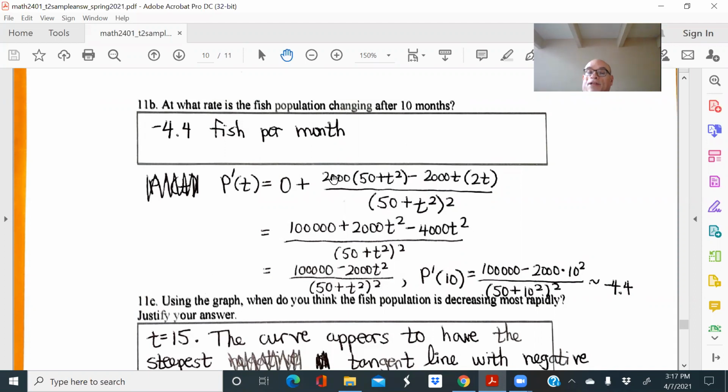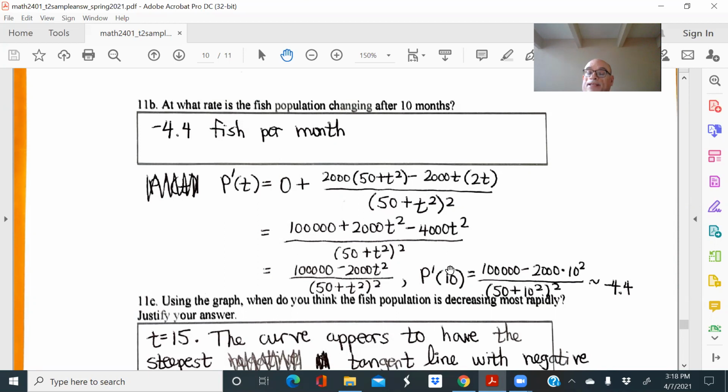Remember, the quotient rule says you take the derivative of the top times the bottom minus the top times the derivative of the bottom, and then divided by the bottom squared. So that's all this is, just the quotient rule. And then I've simplified that. When you simplify that, you end up with ultimately (100,000 minus 2,000 t squared) over (50 plus t squared) squared. Okay. So there is the rate of change of the population.